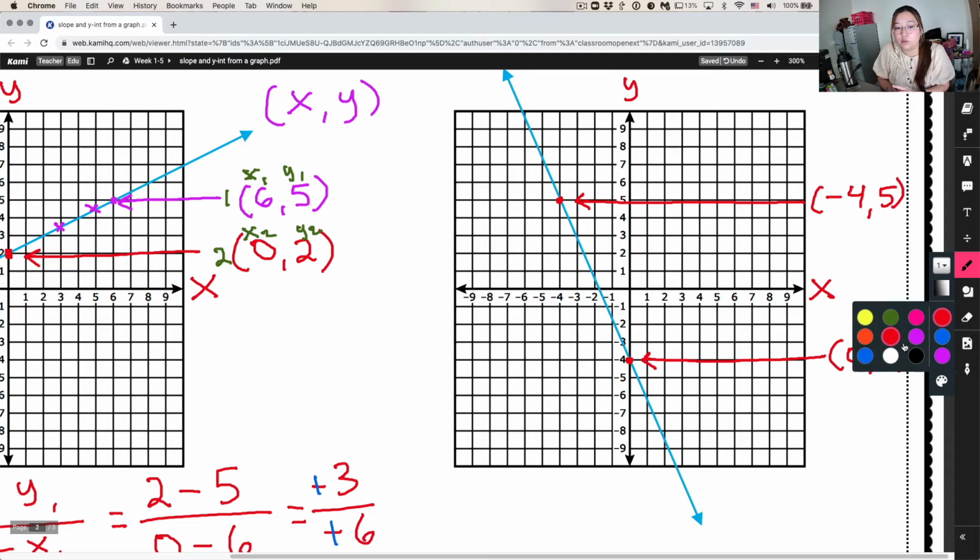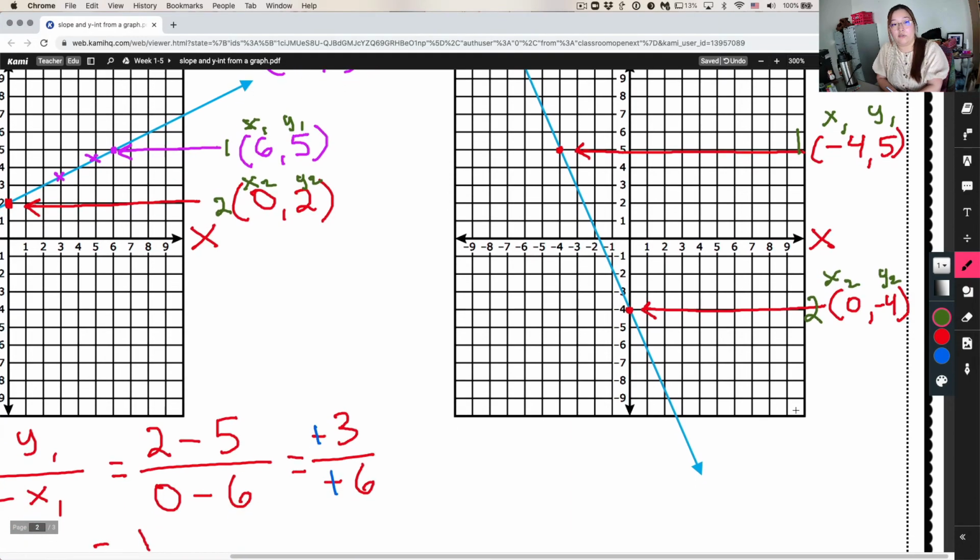Now let's label. Okay, say this is point 1, this is point 2. This is x1, y1, x2, y2. Now we're ready for our formula.